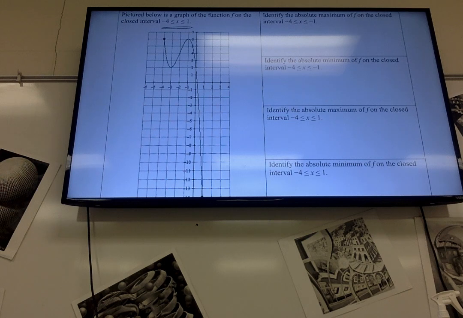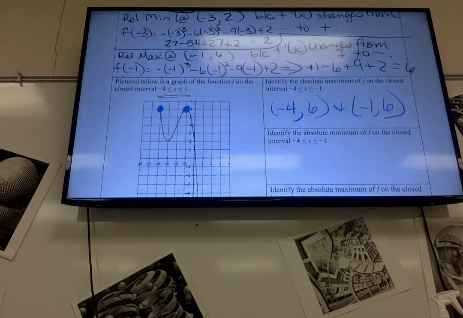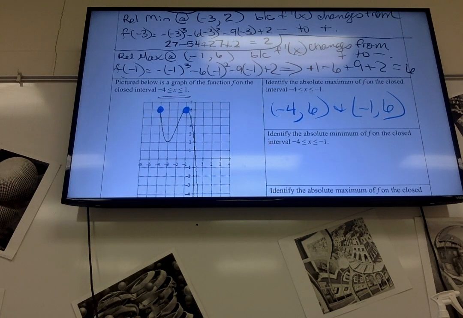Wait a minute. What's the absolute maximum? -4, 6, and -1, 6. Yeah. Notice one of those was our relative max of negative 1, 6.